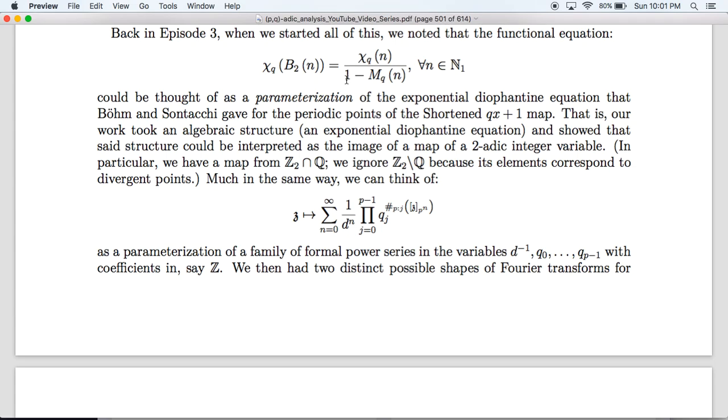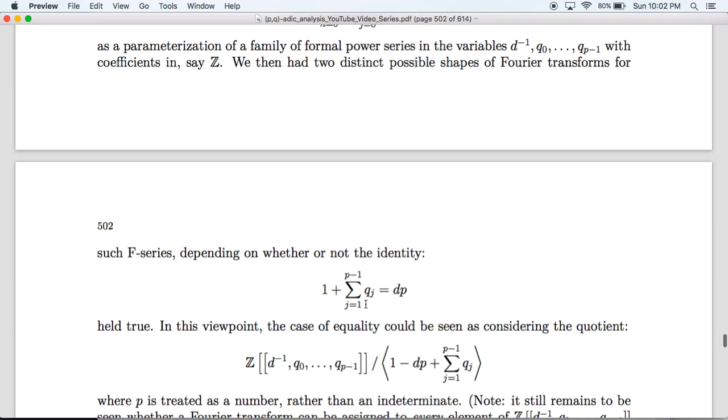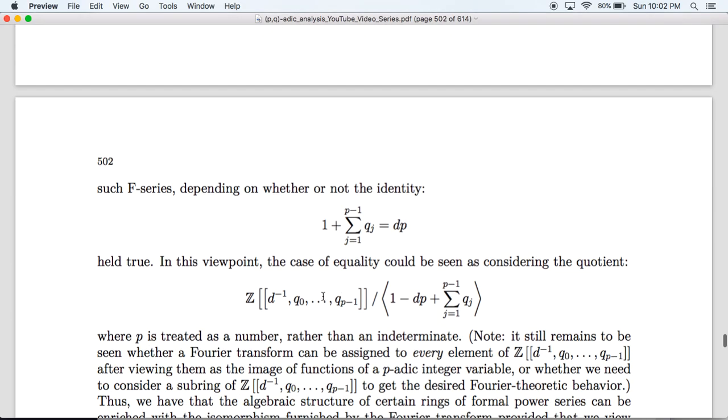Much in the same way, we can think of this F-series as a parameterization of a family of formal power series in the variables d-1, q_0 through q_{p-1} with coefficients in, say, Z. We then had two distinct possible shapes of Fourier transforms for such an F-series, depending on whether or not the identity held true. In this case, I should set this to be equal to 1, and so I can delete the q_0 here.